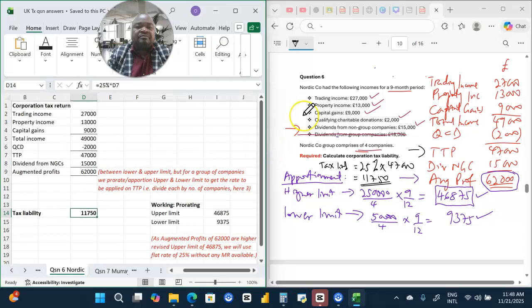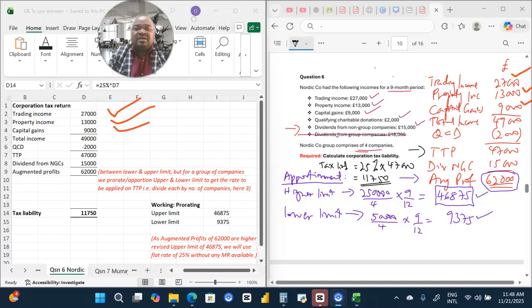So we have trading income of 27,000, which is the same as here, and property income, same figure, capital gains 9,000, 9,000. We get the total income of 49,000, and then the QCDs.